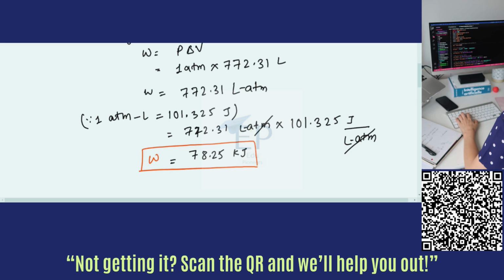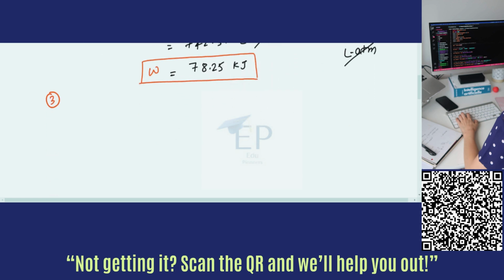Right. So now finally we need to find, for the third step, del E, which is given by Q plus W. So how did this come? This is the change in internal energy.